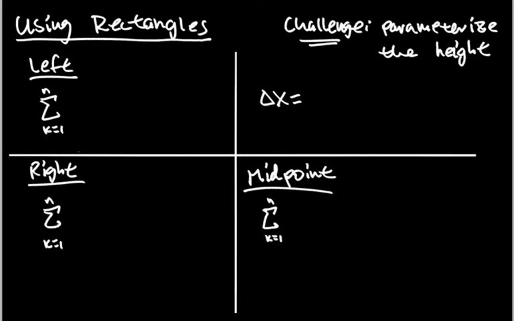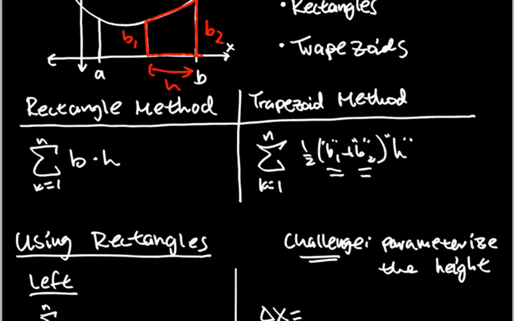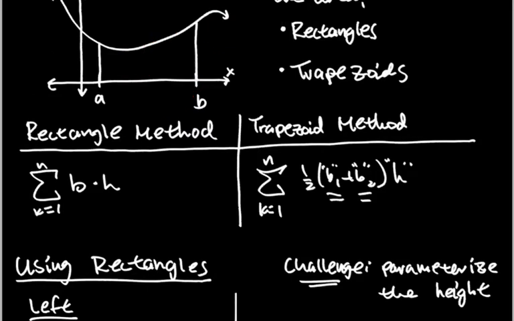So here's this word, parametrize. We want to parametrize the height, and also the base. In this case, let's look at what our base and height are. Let's say we're going to use a certain number of rectangles, 2 for instance, and we're using left rectangles for now. How big is this? Each of these little areas, that's going to be the base, right?